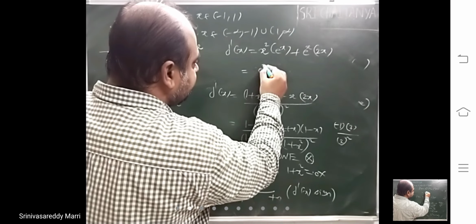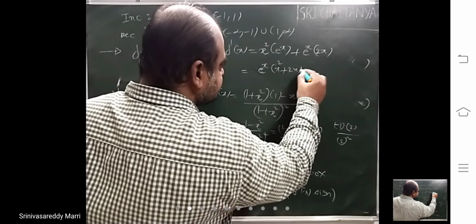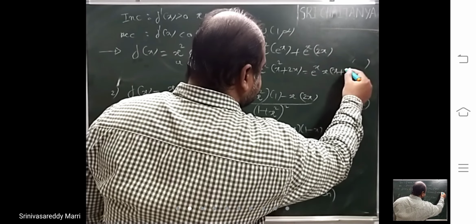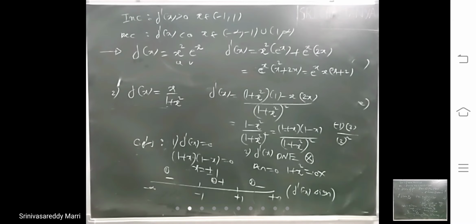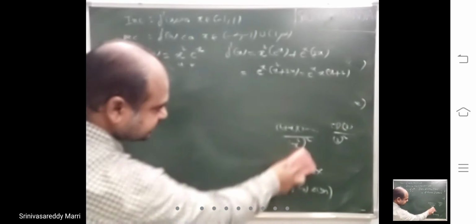Taking e power x common, you get x square plus 2x, that means e power x into x plus 2. So this is the factorized version of f dash x.